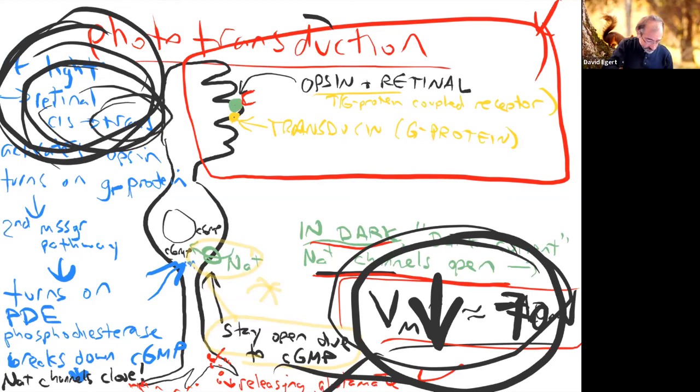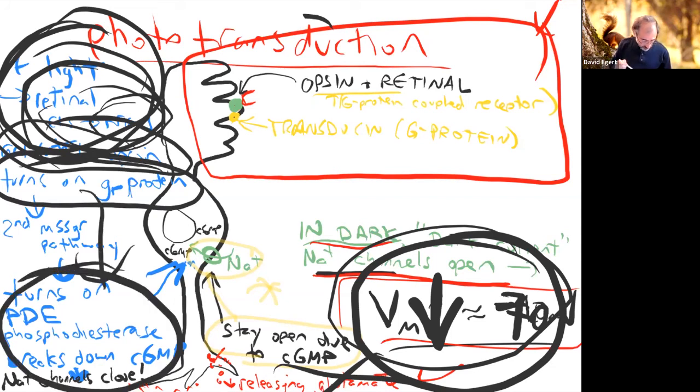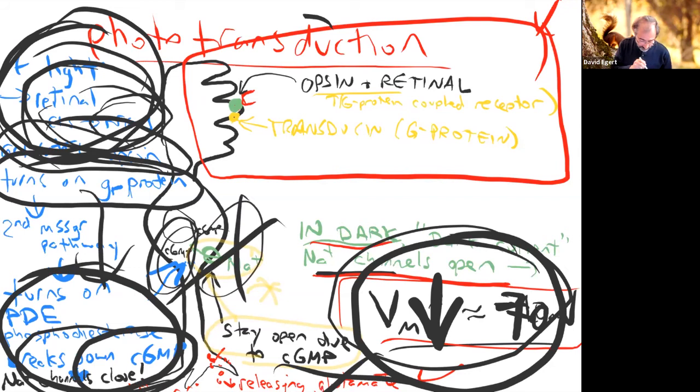As it goes to transretinal, it detaches from the opsin and activates the opsin, which turns on this G protein, which turns on the second messenger pathway, which turns on phosphodiesterase, which breaks down the cyclic GMP, which has been holding these sodium channels open. So as the sodium channels close, the voltage goes down, and there's our voltage change, our phototransduction. So make sure that makes sense.